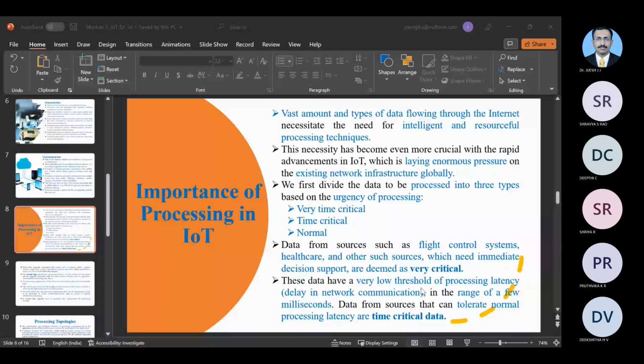If a person is in a very critical situation in a hospital and the doctor is at home, but he would like to know what is happening in the hospital, he needs to measure all the parameters with respect to the patient, and he will be observing everything.